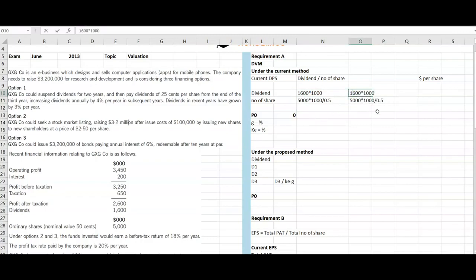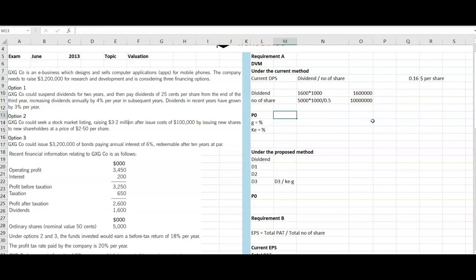So this is our total dividend, and this is our number of shares. Our dividend per share will be dividend divided by number of shares. So 0.16 is our dividend.